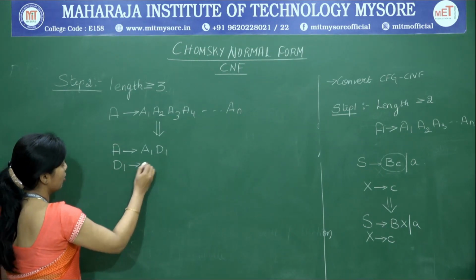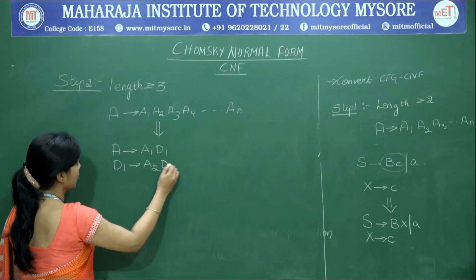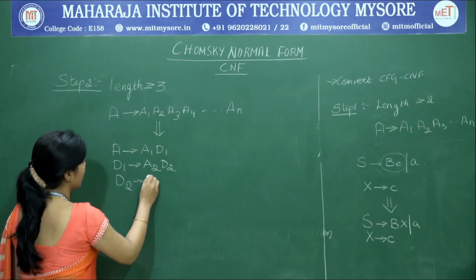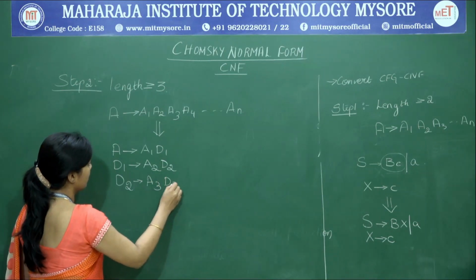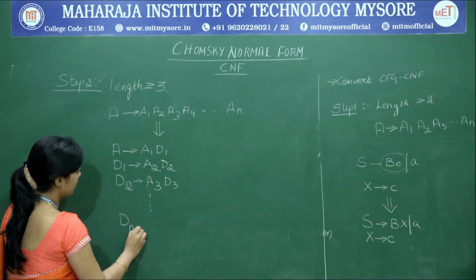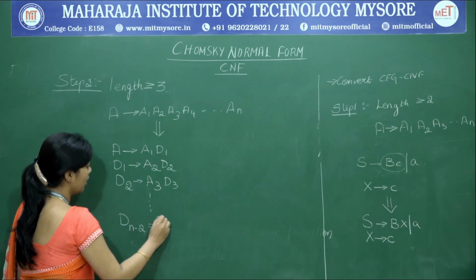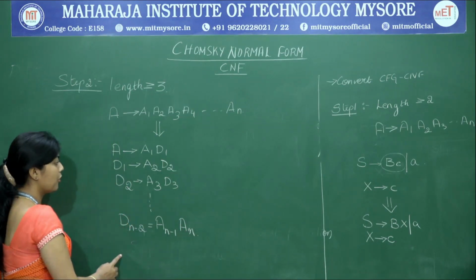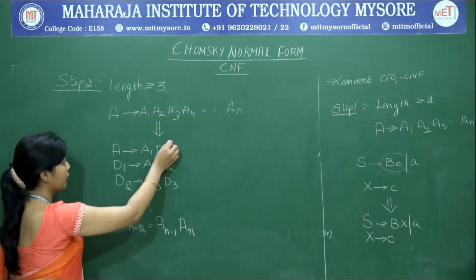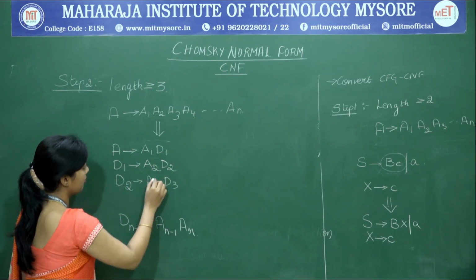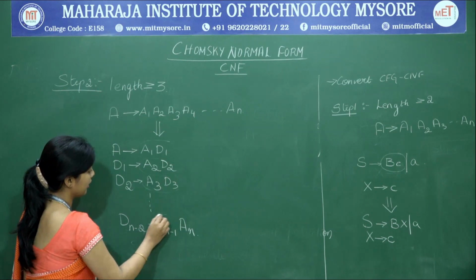Next, D1 goes to A2 D2, D2 goes to A3 D3, and so on up to D of n minus 2 goes to A of n minus 1 AN. So, this is the format in which we are going to convert everything into just 2 symbols on the right hand side.